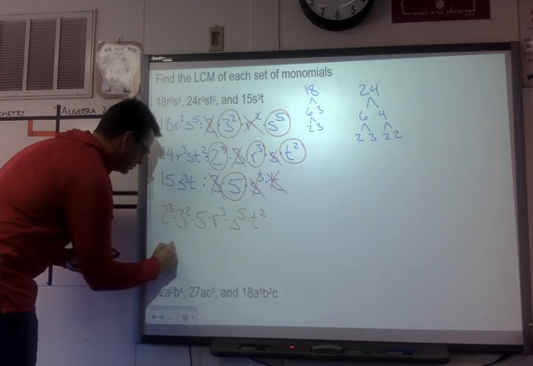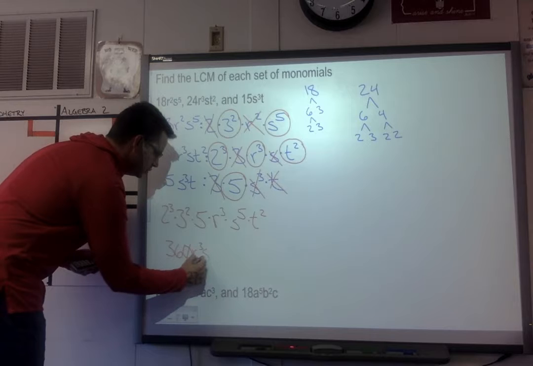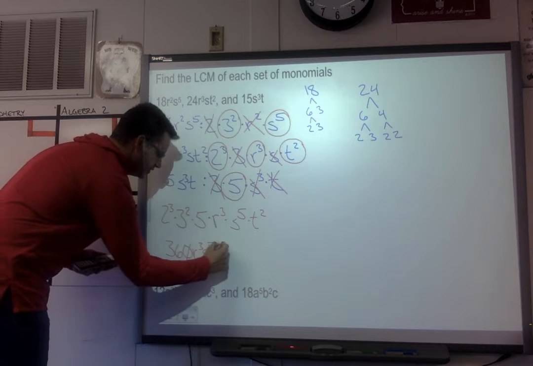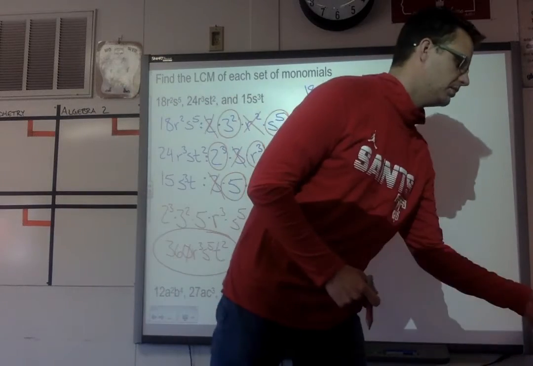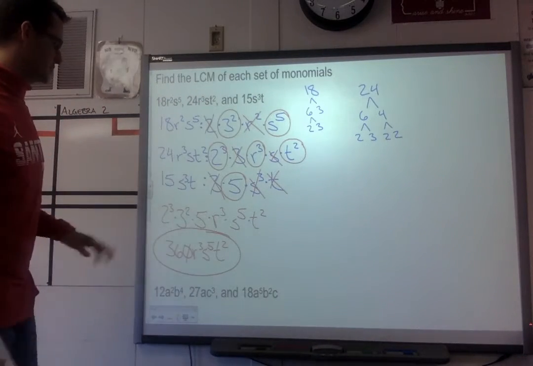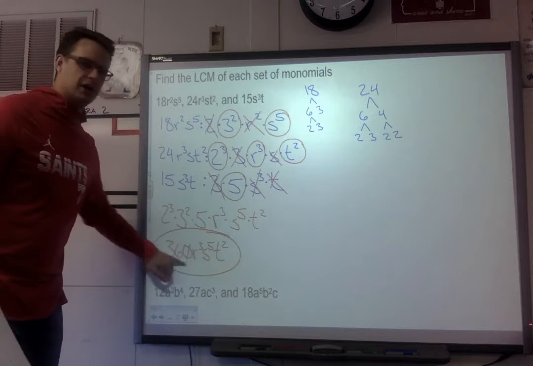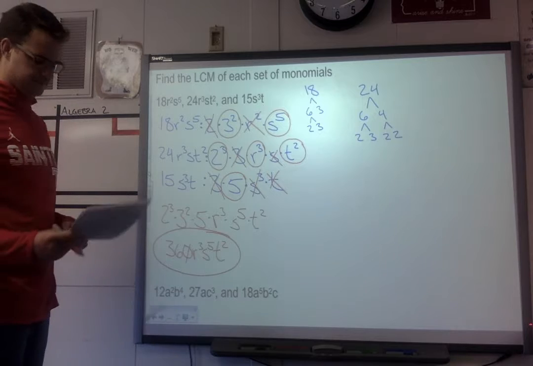So that comes out to 360 r cubed s to the 5th t squared, and that would be the least common multiple of those 3 monomials. So again, that's the smallest monomial that all 3 of these can go into.